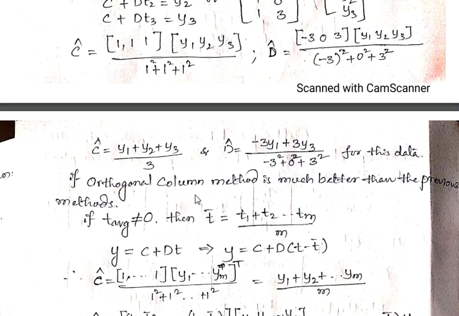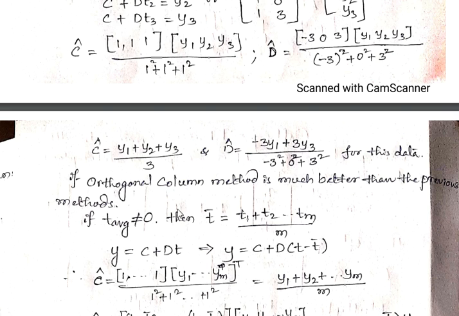Another thing is that the orthogonal column method is said to be much better than the least squares methods, or even the previous methods which we have learned.